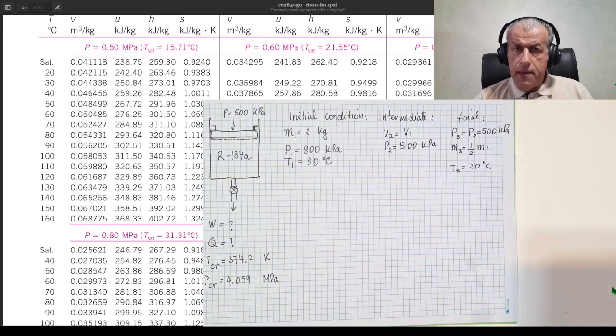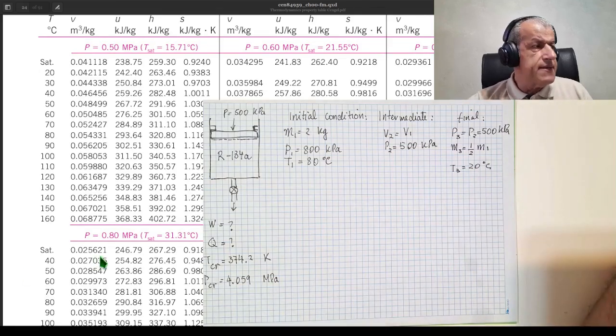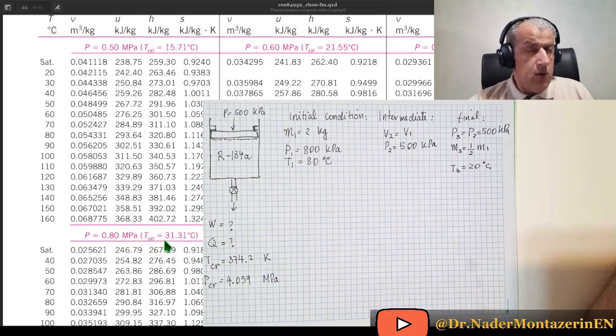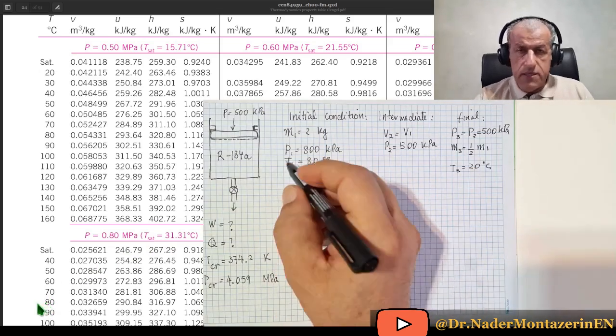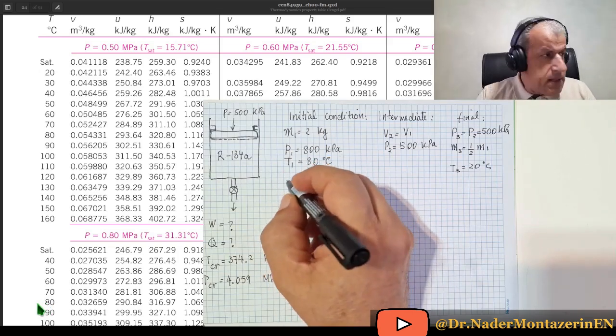Well, the table tells us that at P equals 0.8 megapascal, which is 800 kilopascal, the saturation temperature is 31.31 degrees C, and so at 80 degrees C, we are well in the superheat region, and for 80 degrees C, we have quite a number of properties which we could write down.